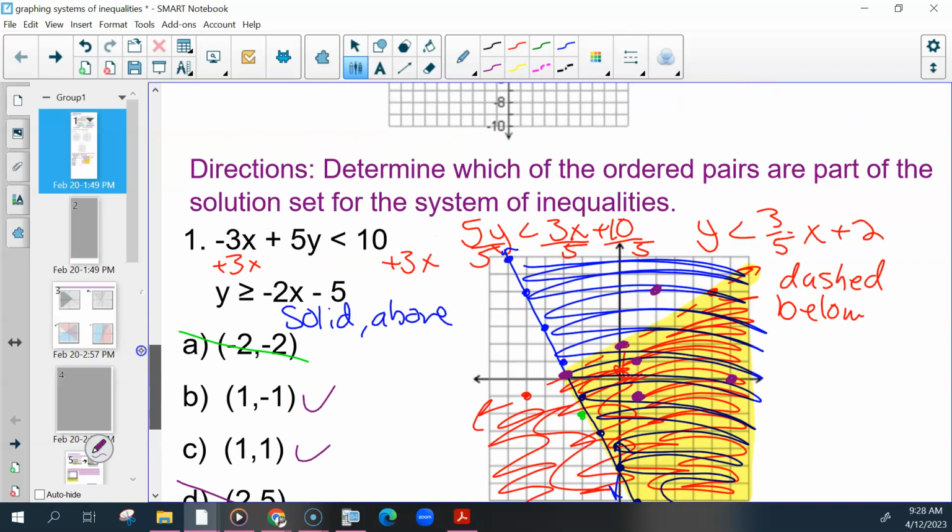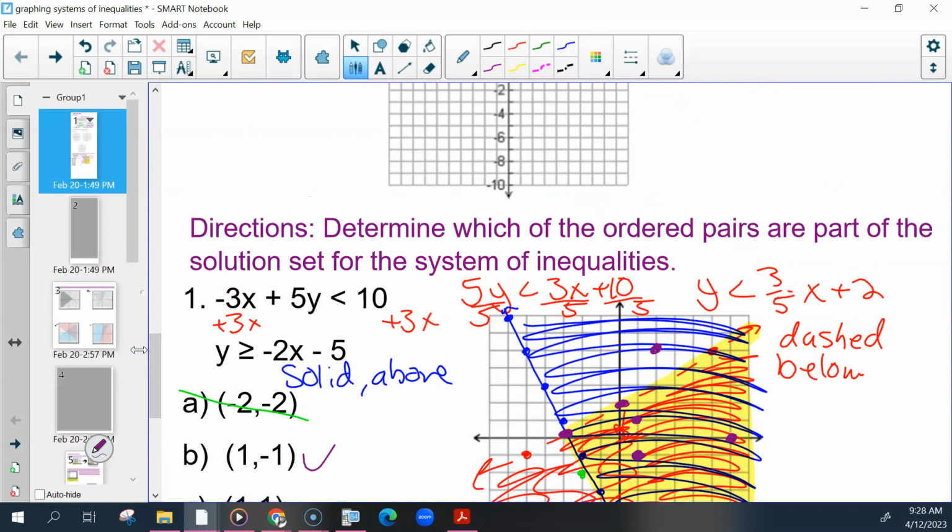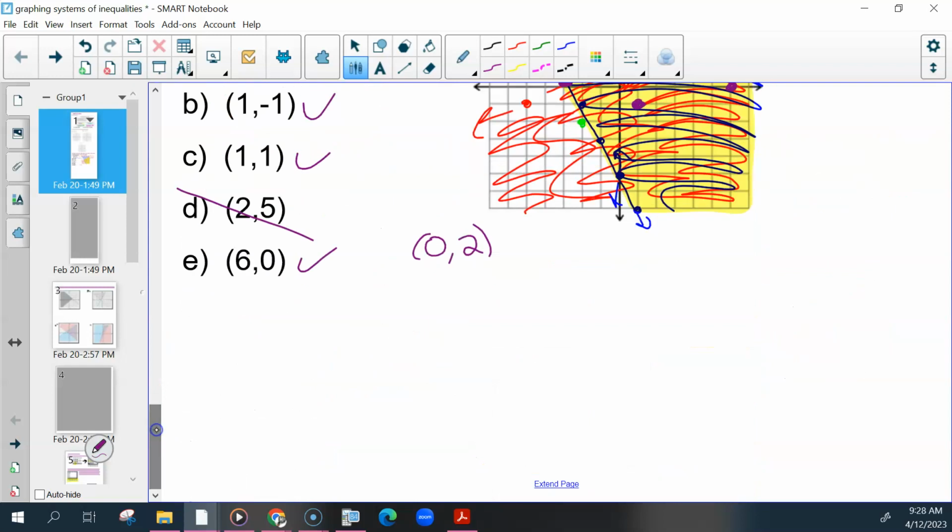So we're going to put this point into both equations. You can either put it into this one or the one we solved, it does not matter. I'm going to just put it in the original one. So -3 times 2, plus 5 times 0, is less than 10.